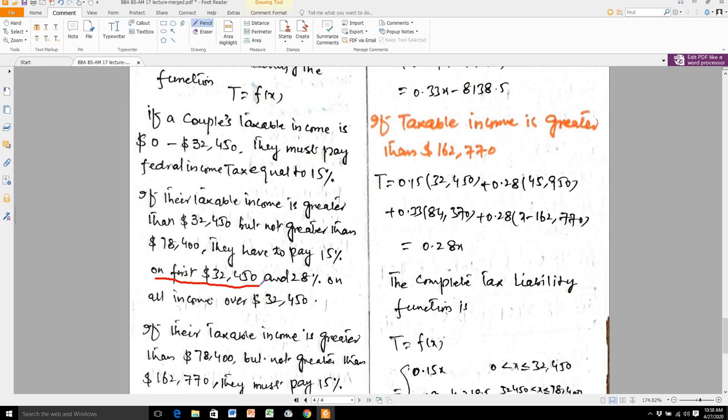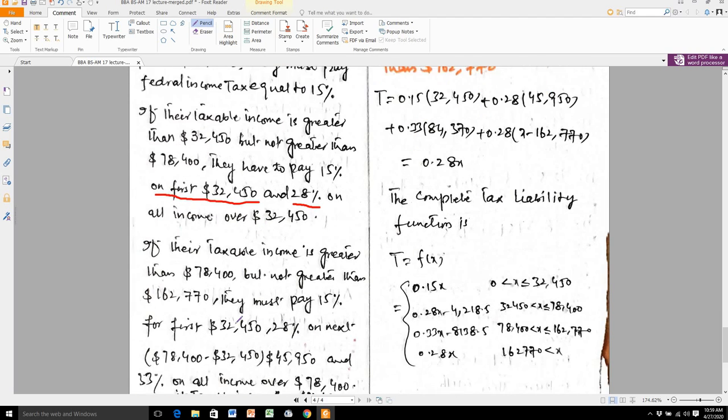We divide it into different ranges and apply the formula there, to see how much tax is imposed on this part of the income. And 28% on the income over 32,450. On whatever is over 32,450, 28% tax is imposed.